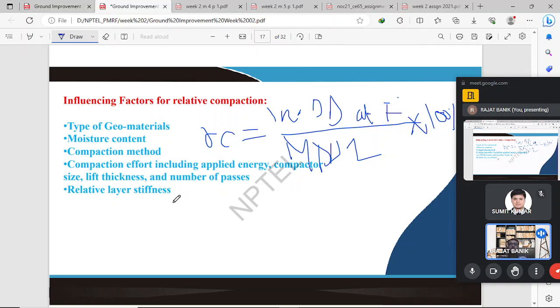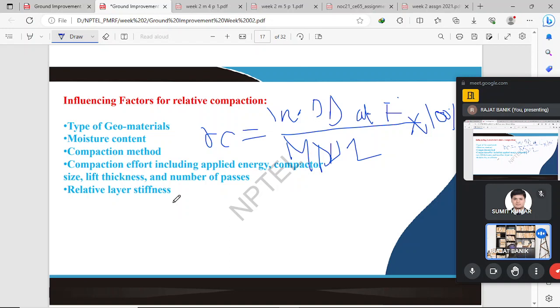It depends on the different types of soil. We can see that when the material changes, the compaction curve changes. For well graded soil, the compaction curve is on the higher side, and in the case of silty sand or silt, the compaction curve is on the lower side. That means the relative compaction also depends on the different types of soil. Also, it depends on the moisture content.